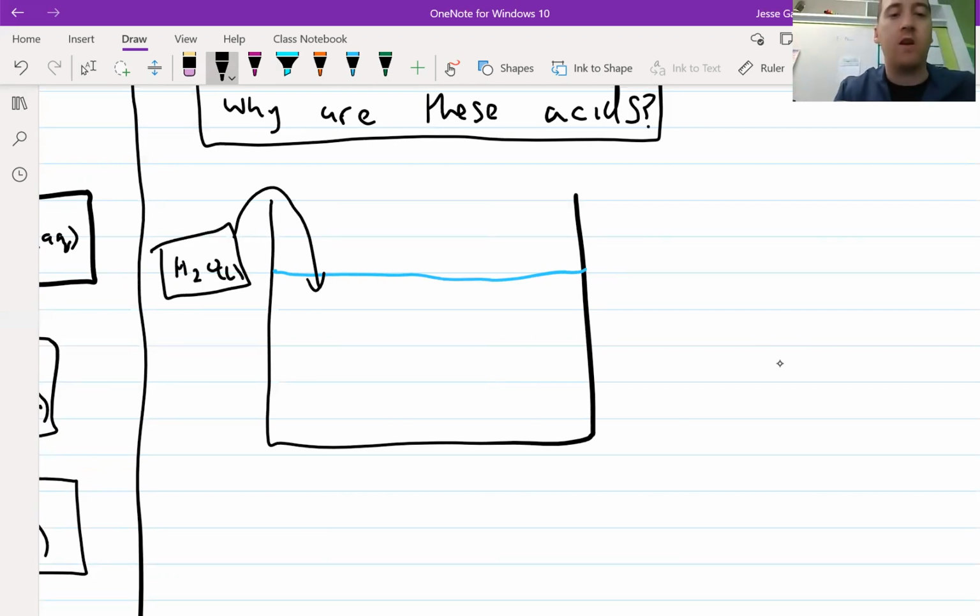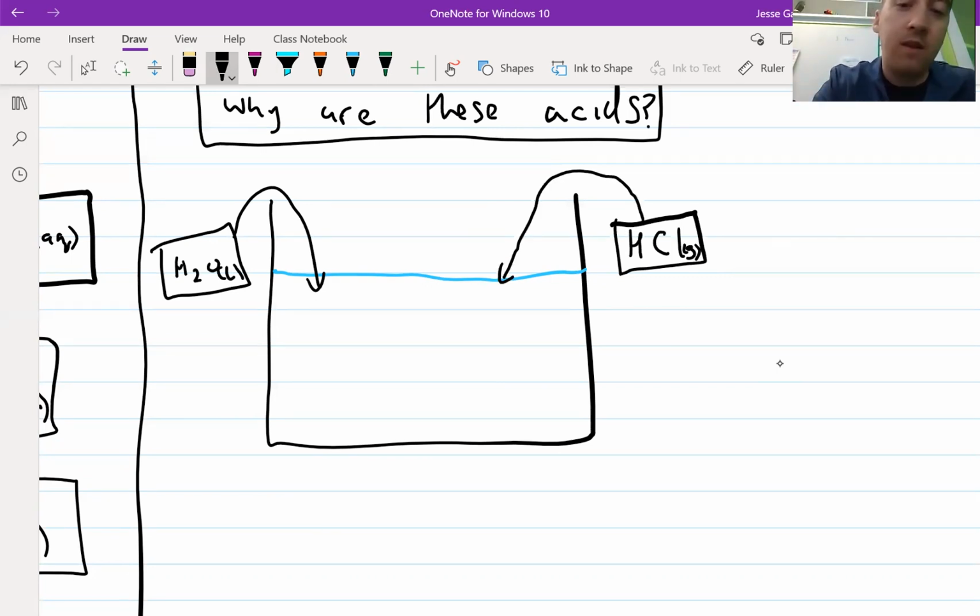Now let's take our example of HCl, hydrogen chloride. This is actually a gas. If we take that hydrogen chloride and pump it into the water, we say we dissolve the gas in the water.